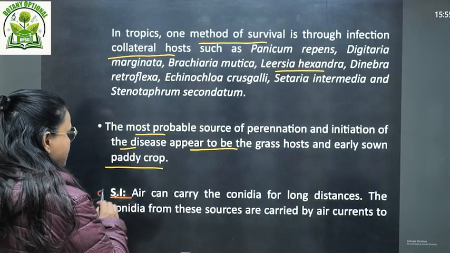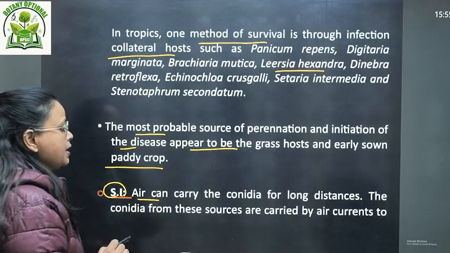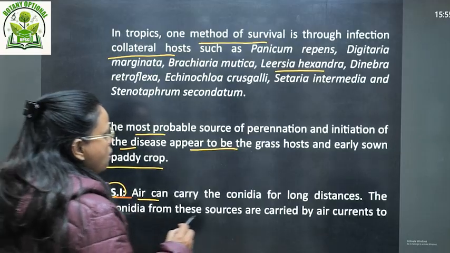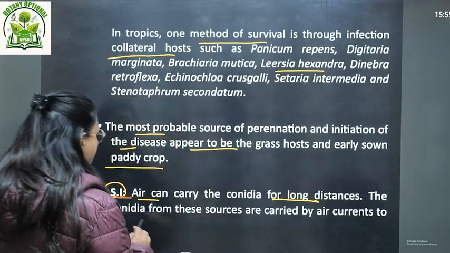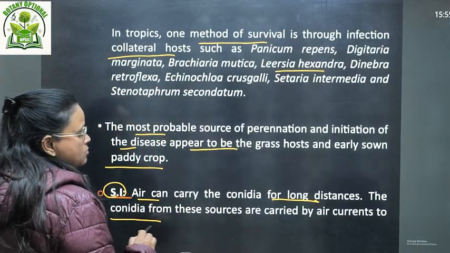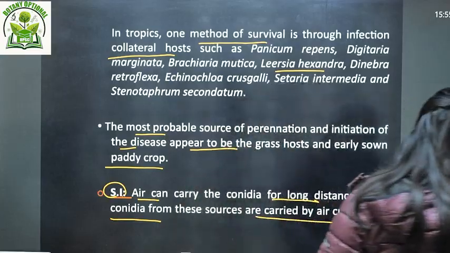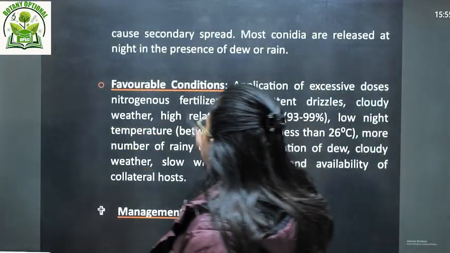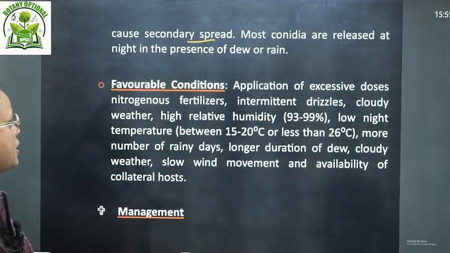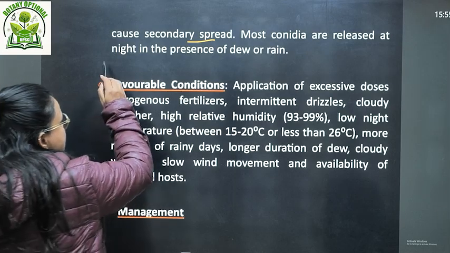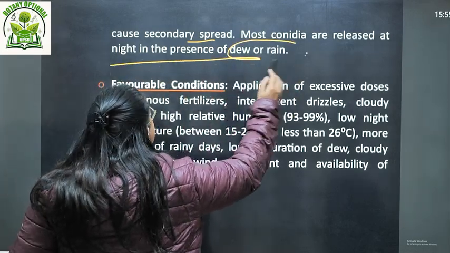Now secondary infection we see: air can carry the conidia for long distances. The conidia from these sources are carried by the air currents and cause secondary spread. Most conidia are released at night in the presence of dew or rain.